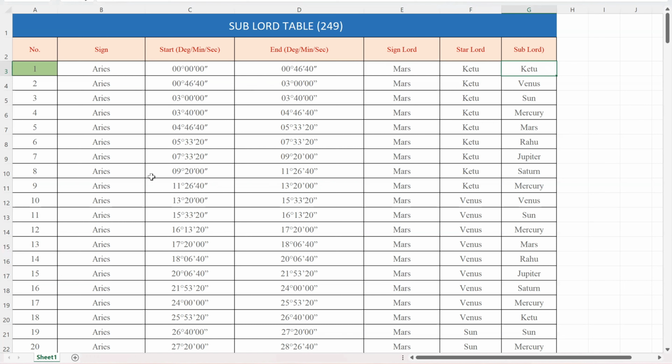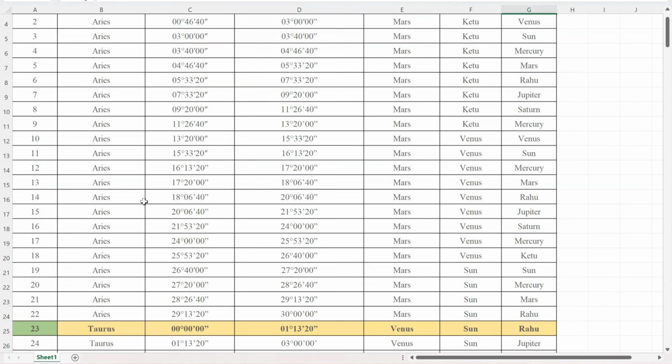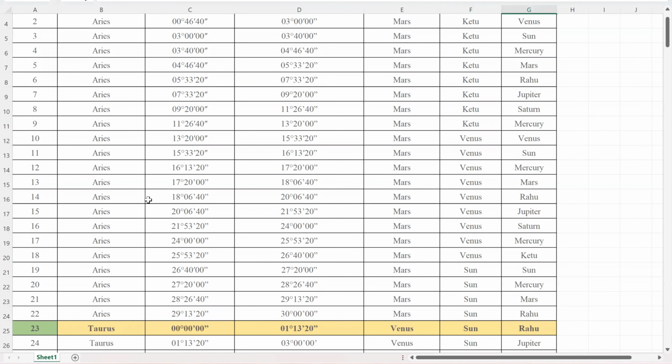And in a similar way, if that particular planet is in between this longitude, we can say it is in Mars, Sun, and Mars, which means Mars sign, Sun star, and Mars sub.